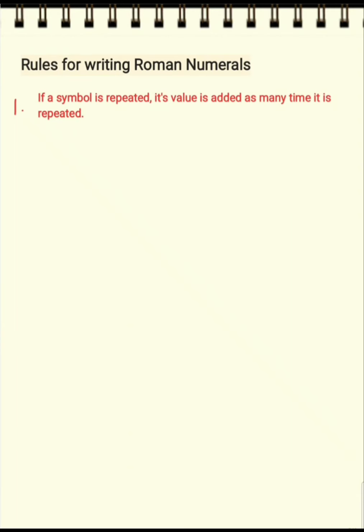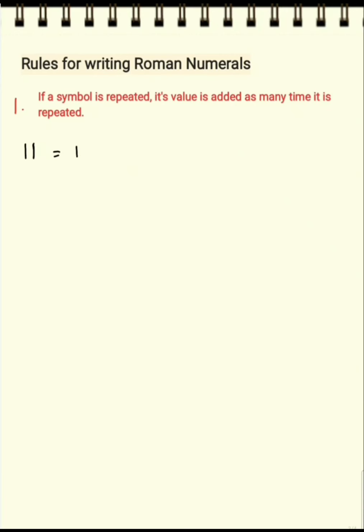If a symbol is repeated, its value is added as many times as it is repeated. For example, if I write I and I together, 2 I's together, it will become 1 plus 1, which is equal to 2.